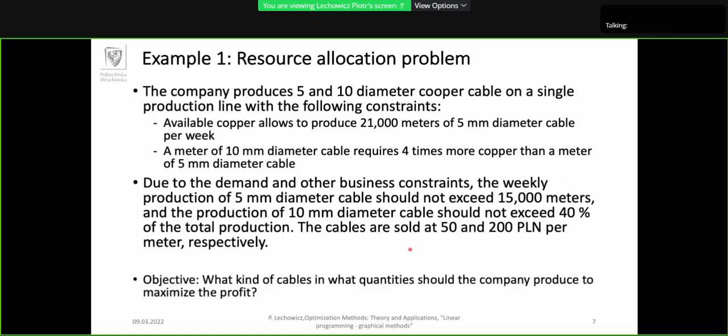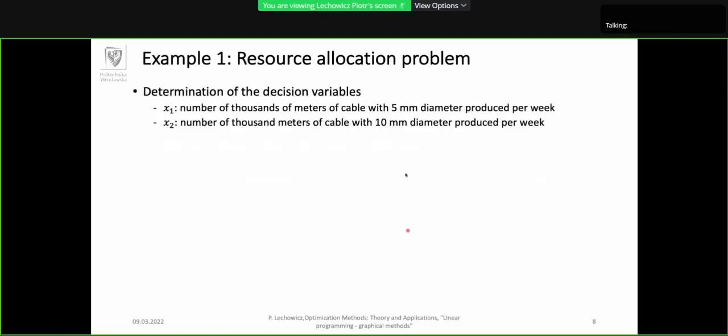And our objective is to define in what quantities what kind of cables should be produced in such a way that we are maximizing the company profit. So first, to define such a problem, we have to determine the decision variables.